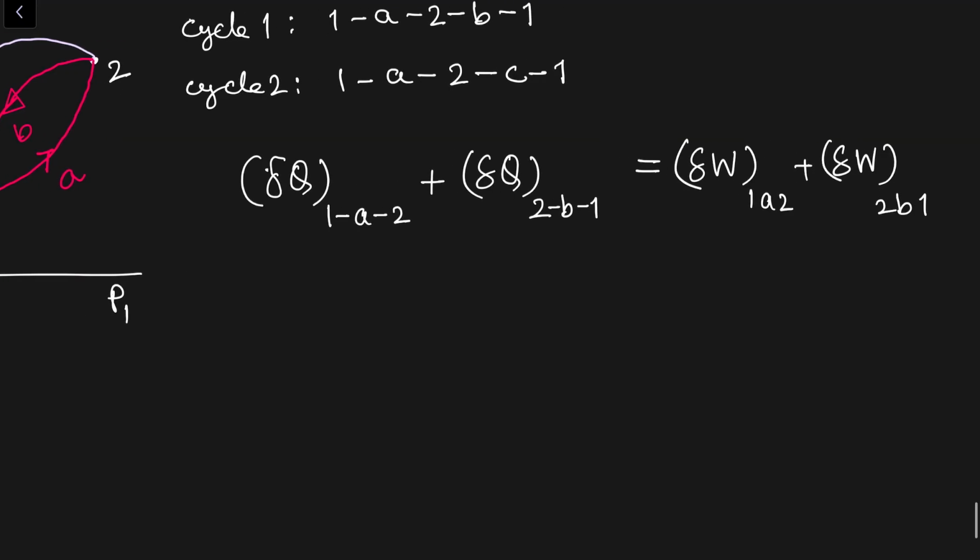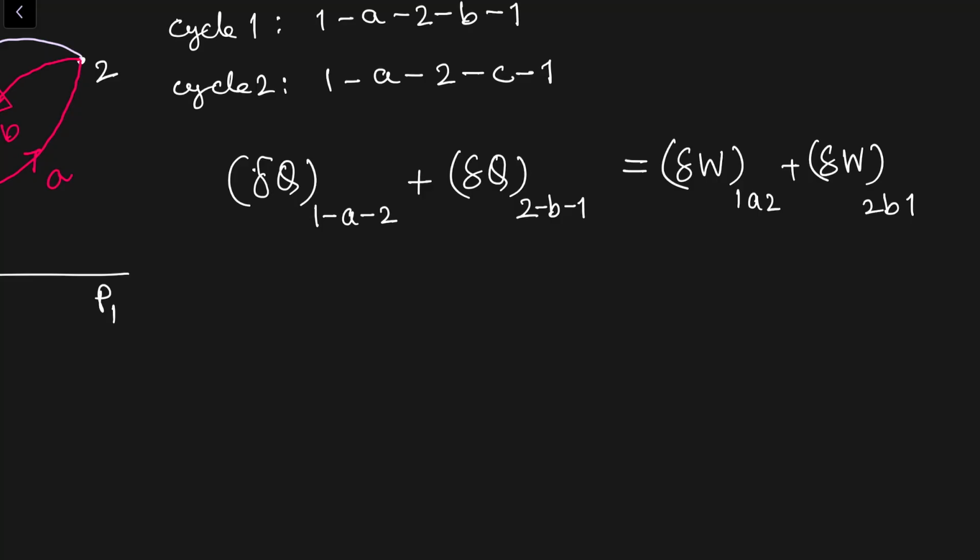Here I have done nothing, but I have just equated the total amount of heat going from 1 to 2, then 2 to 1, again the total amount of work from 1 to 2 via path A, and then coming back by choosing path B.